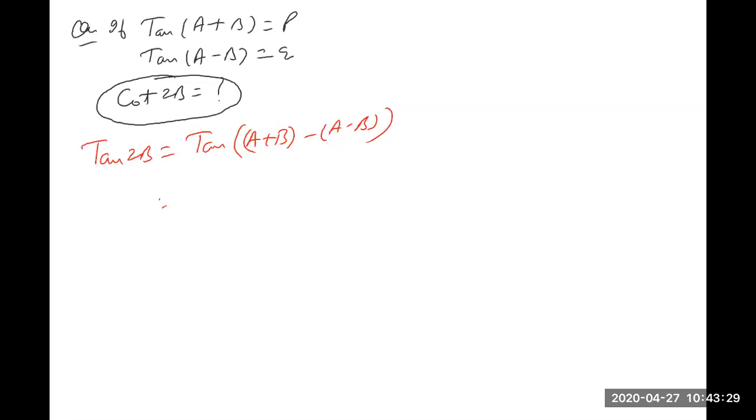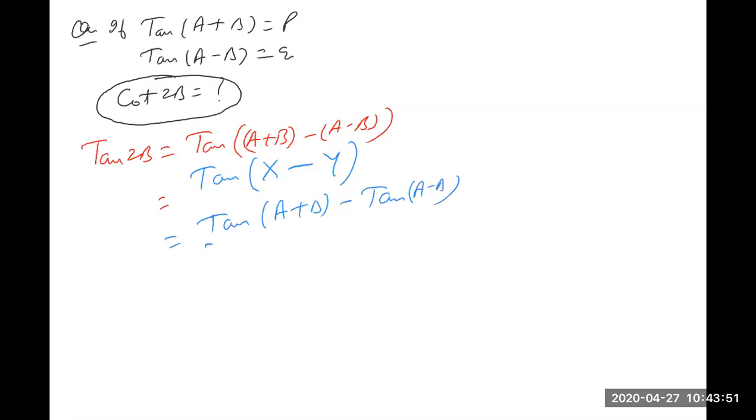Now you can apply this in the form of tan of x minus y. X is A plus B, y is A minus B. So this is equal to tan x minus tan y upon 1 plus tan x tan y.